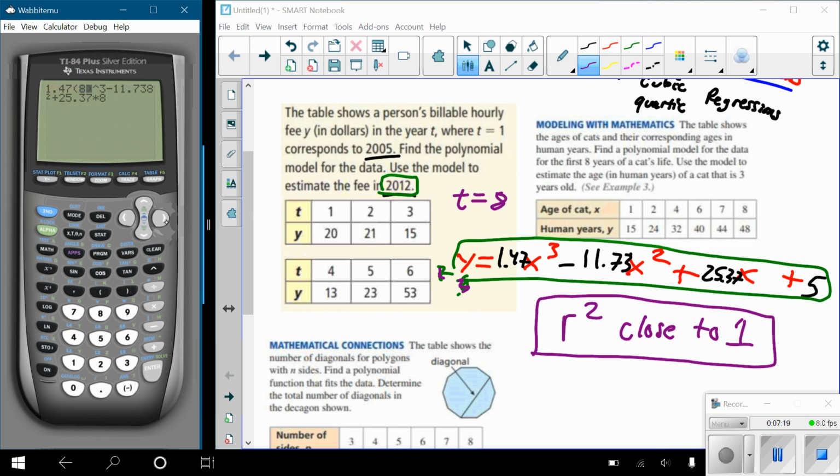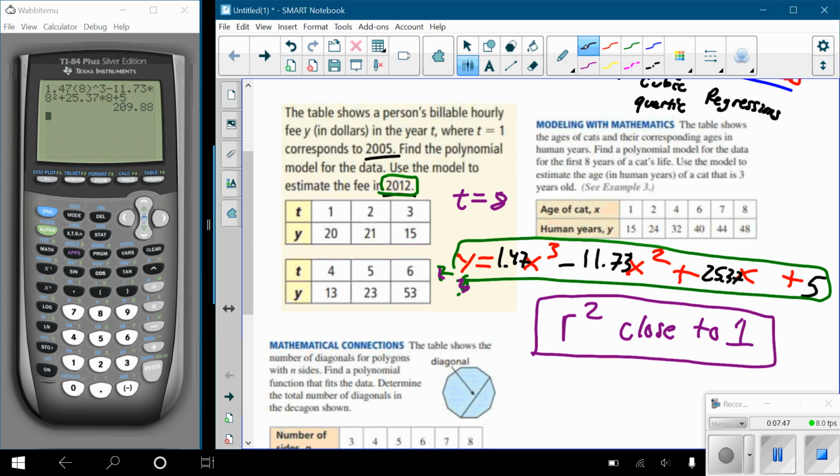My math game's all off here. 11.73 times 8 squared. Okay, and then times 8 plus 5. All right, so now that we got that all typed in, we're going to hit enter. And we get our prediction out. Okay, $209.88.